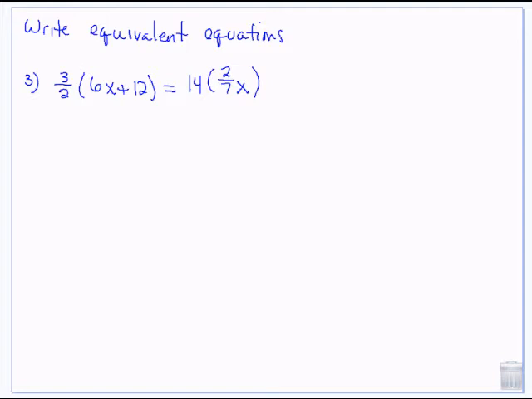Okay, now the first thing I want you to do, we're not solving, okay? We are not solving. It doesn't say to solve. It says write equivalent equations. So what we're going to do is we're going to pretend this equal sign is a wall that does not cross.